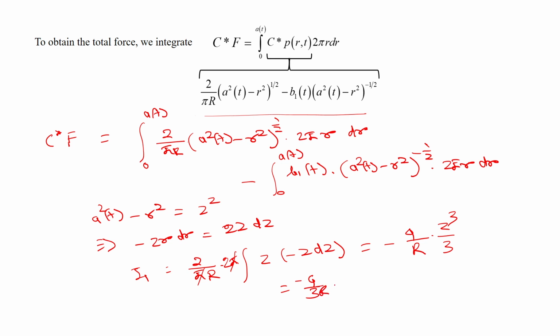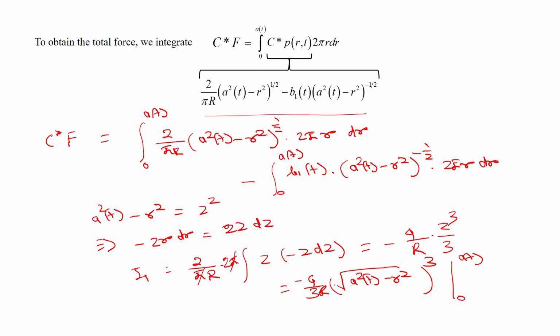So z has to be replaced over here, that is square root of a square t minus r square, and this is cubed. Now r varies from 0 to a of t. So now you substitute for r, and then you obtain whatever the value will be.